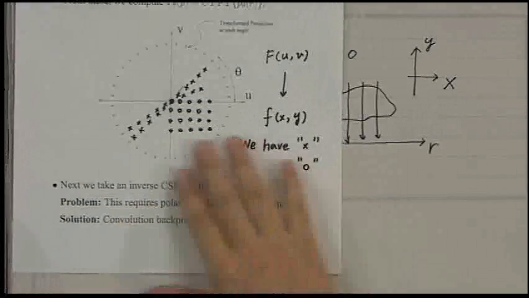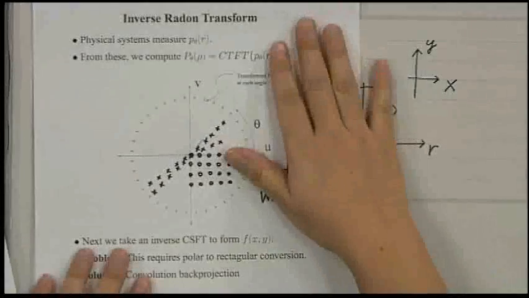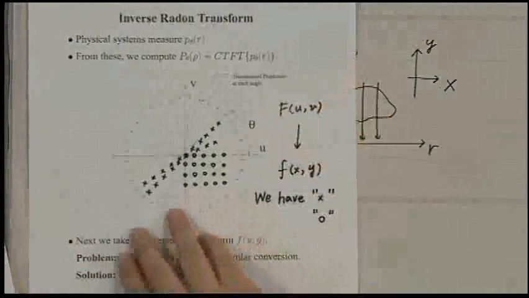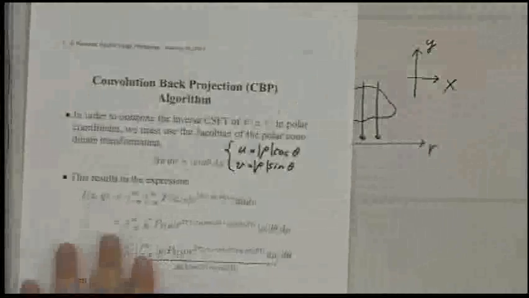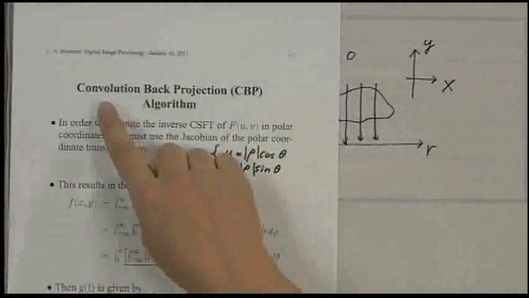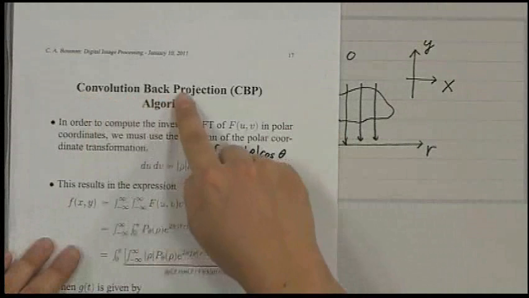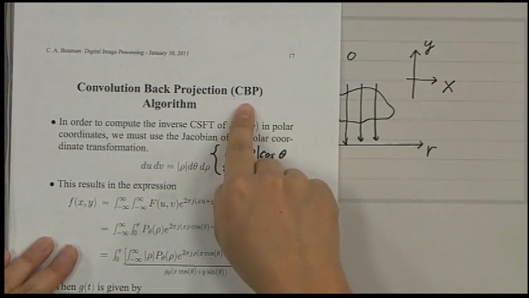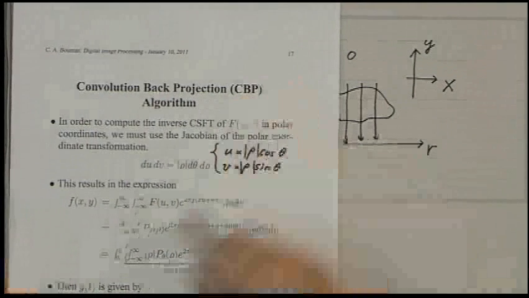So most people don't use this direct method. Instead, most people use this algorithm, which is called convolution back projection. Some people call it filtered back projection, either way.